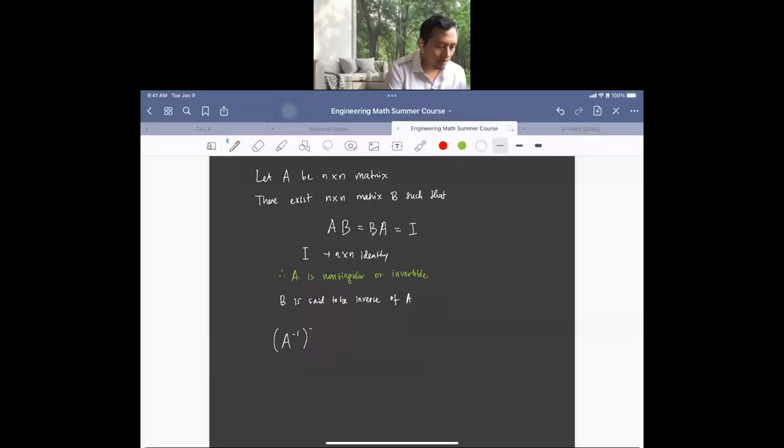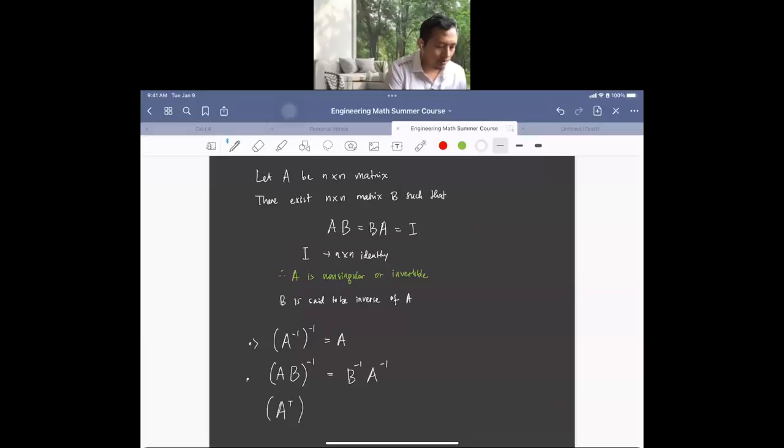So the inverse of A inverse will be A again, a simple property. If you have AB and you want the inverse after multiplication, this will be the result.